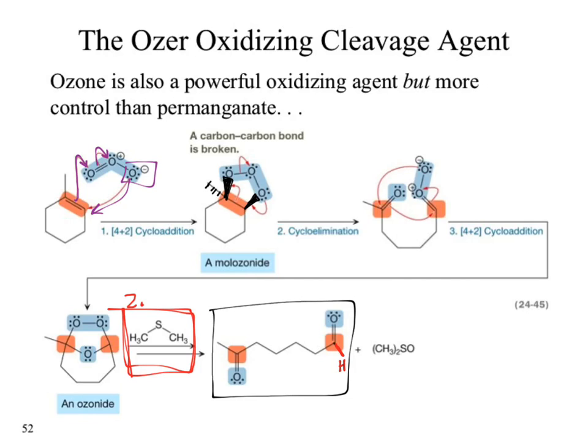Okay? DMS for dimethyl. How do you name a CH3? Thank you. How do you name 2 CH3s? How do we name a sulfur? You got it right. Dimethyl sulfide.